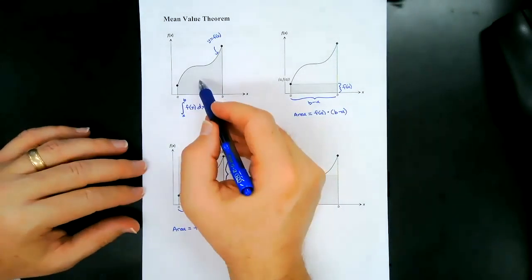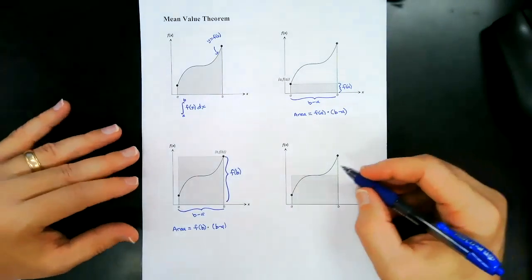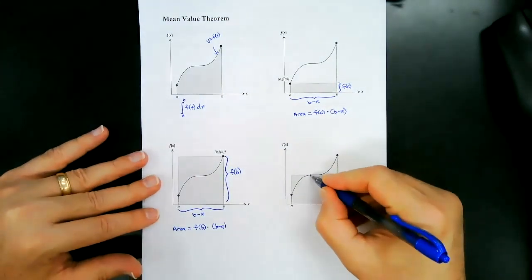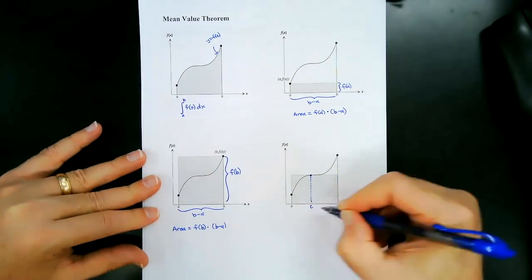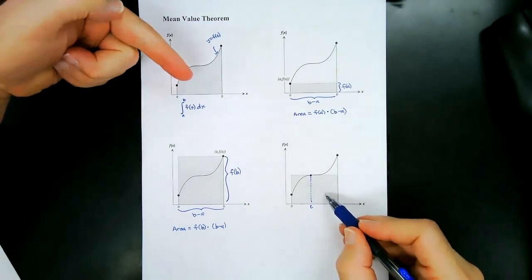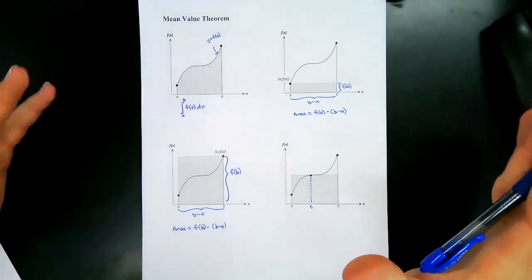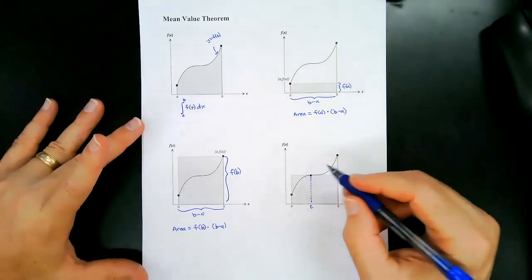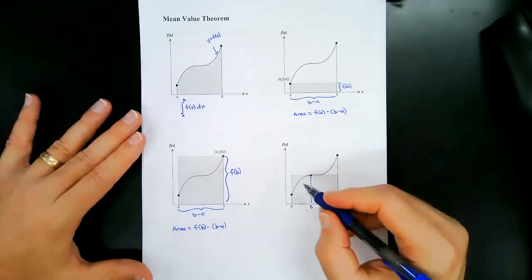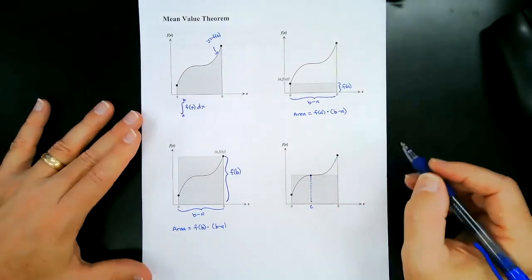So what is that? Well, it's right about here, and I'm going to call that C. So this area and this area are the same. You can't do this without calculus, but you can kind of see it makes sense, because this extra part right here almost fits in this.